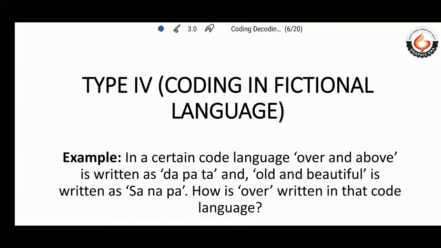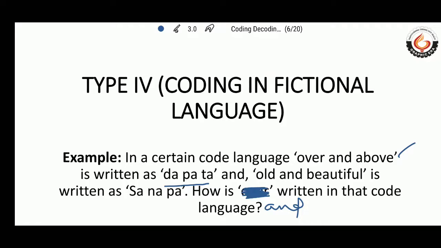In this, first of all, they have written that in a certain code, "over and above" is coded as DA PA TA, but not necessarily in the same order. It does not mean that over is DA, and is PA and above is TA. It is not necessary.